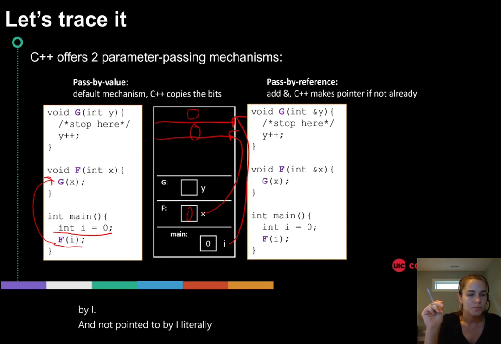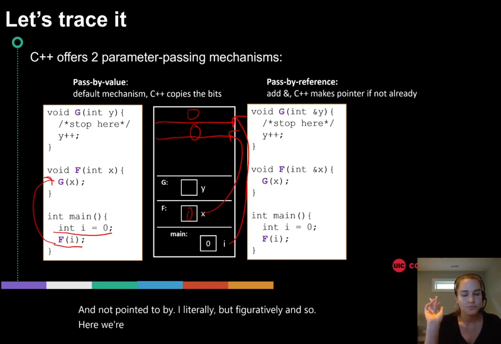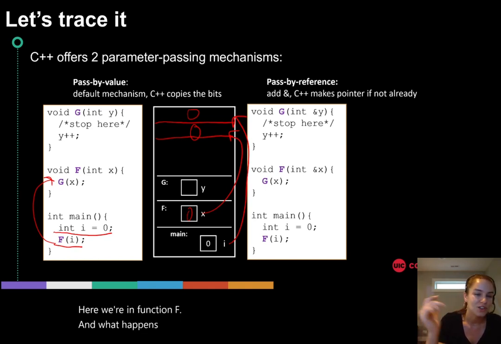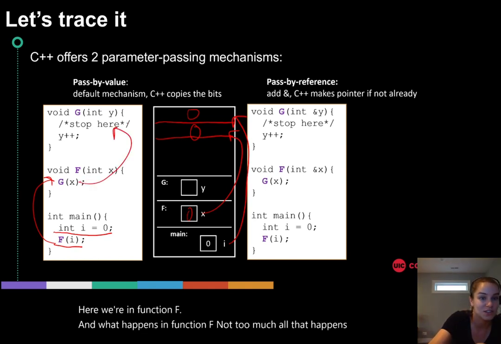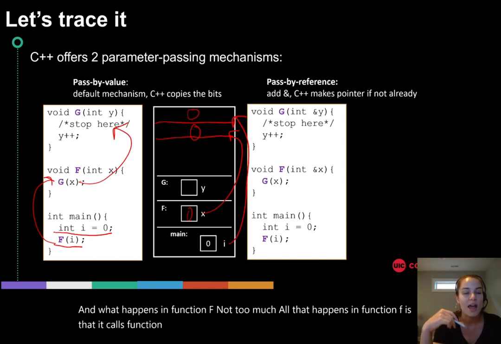And so here we're in function f, and what happens in function f? Not too much. All that happens in function f is that it calls function g. So again, x is passed in as the parameter y.